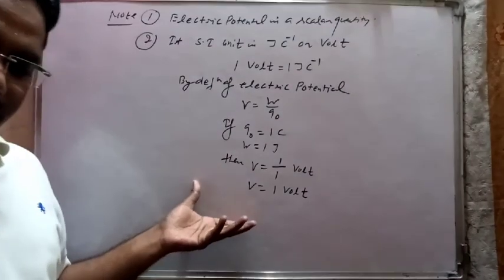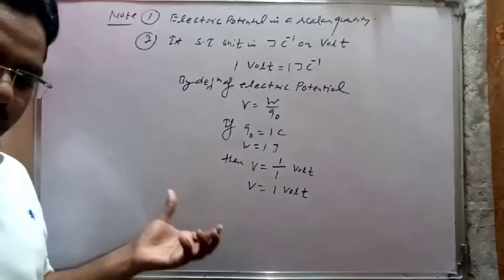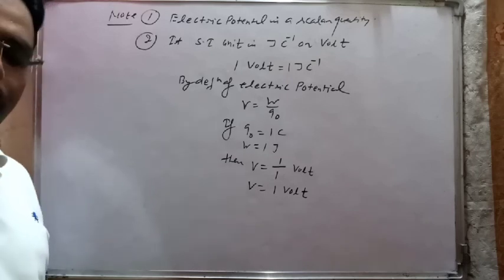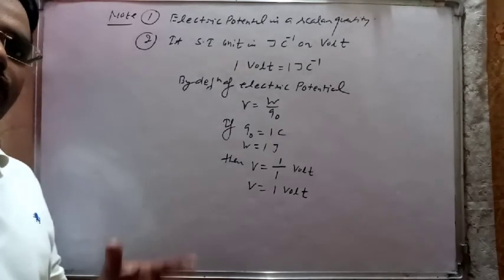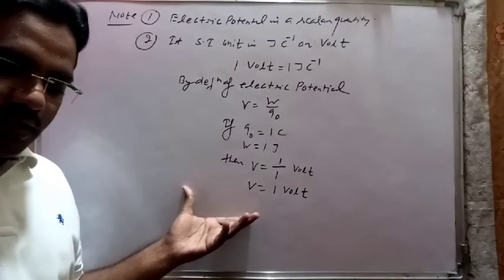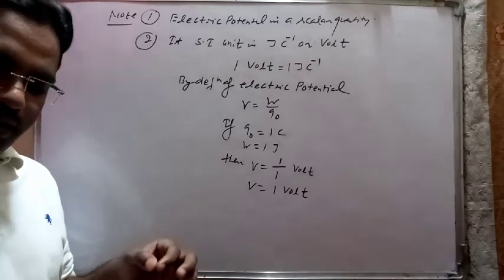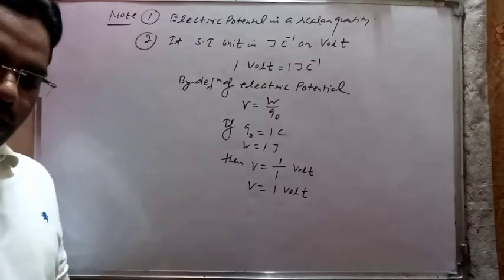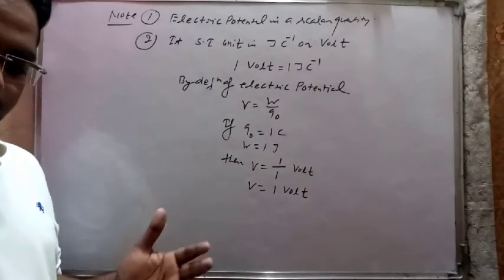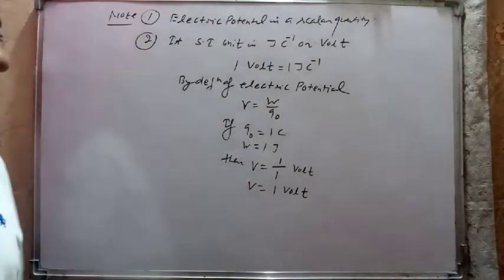Electric potential at a point in the electric field is 1 volt if 1 joule of work is done in moving 1 coulomb charge from infinity to that point.